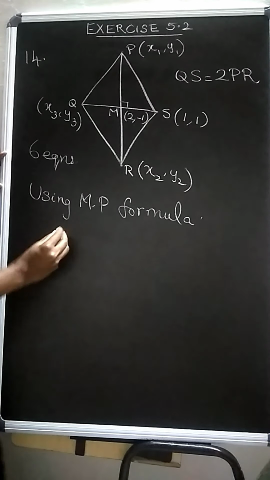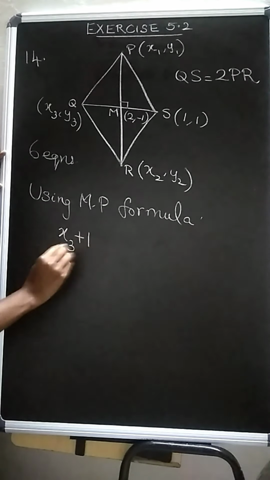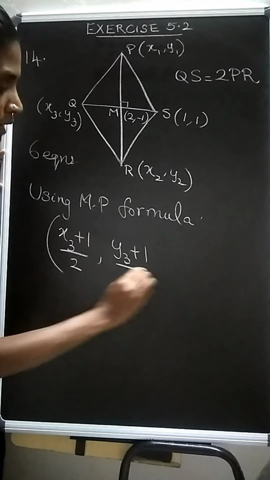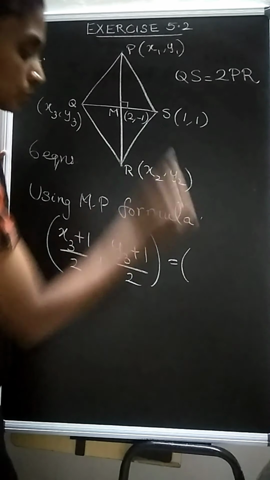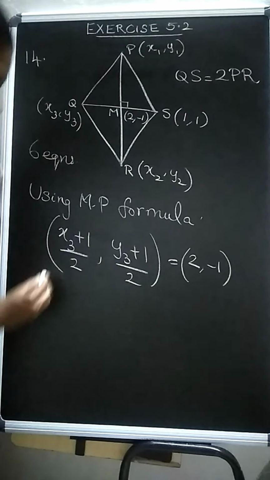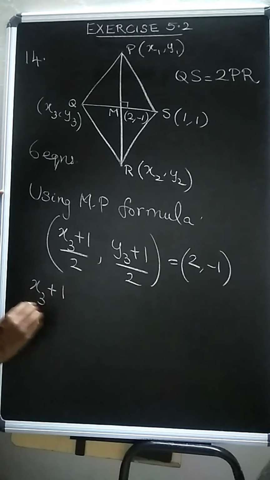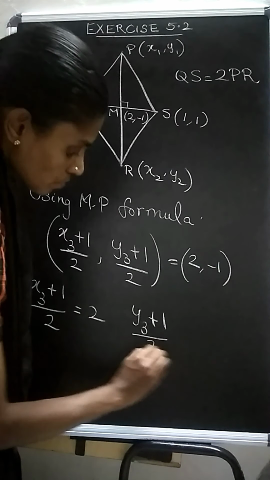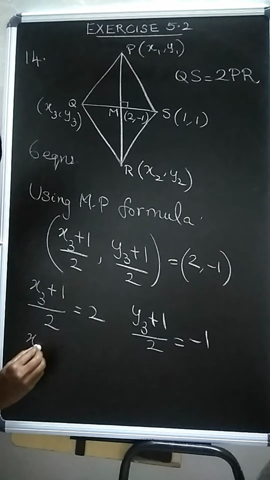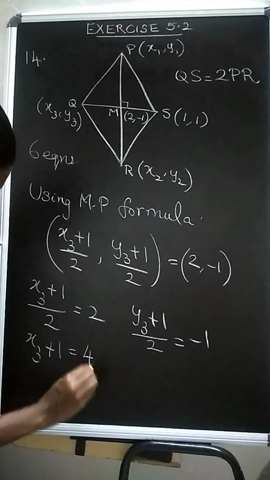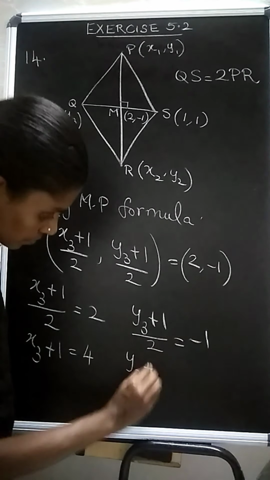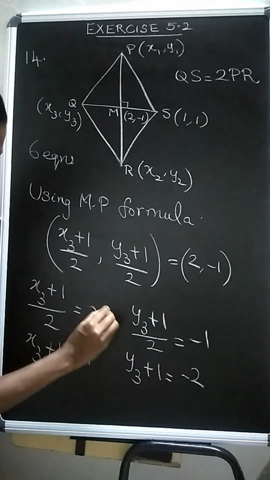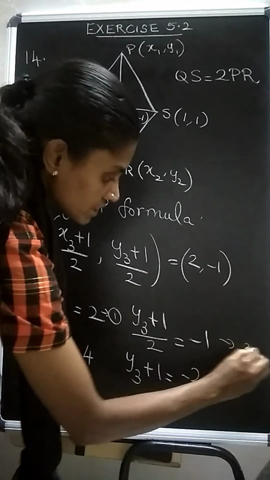Here for QS, (x3 plus 1 by 2, y3 plus 1 by 2) is equal to (2, -1). Now equate it. Now see here, this is equation number 1 and this is equation number 2.